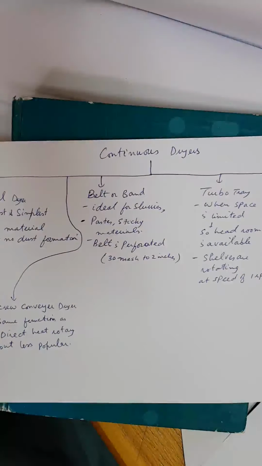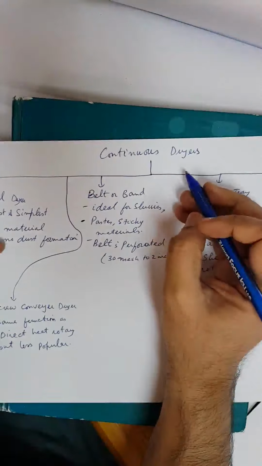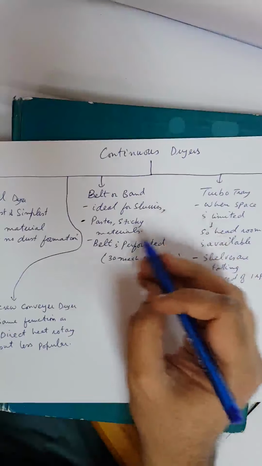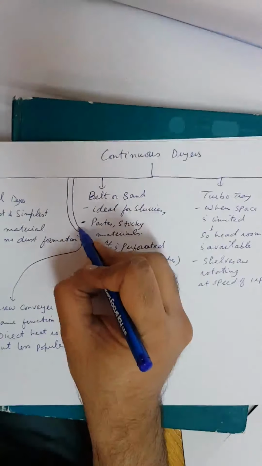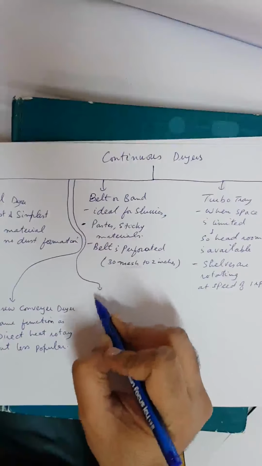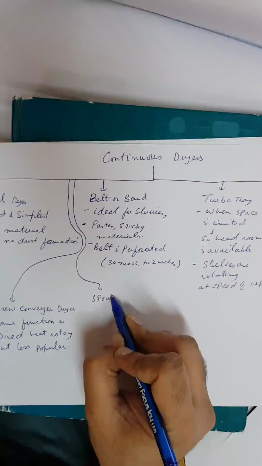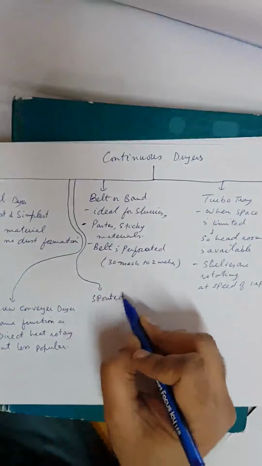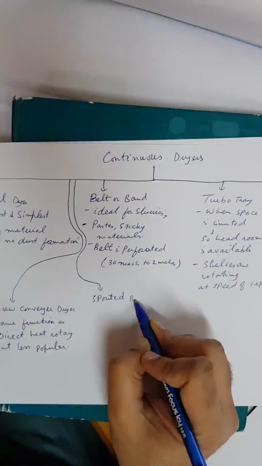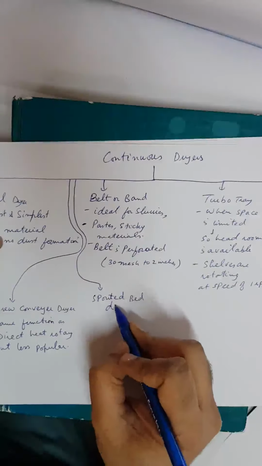Then we have spouted bed. We can again draw one line from here. Spouted bed dryer.